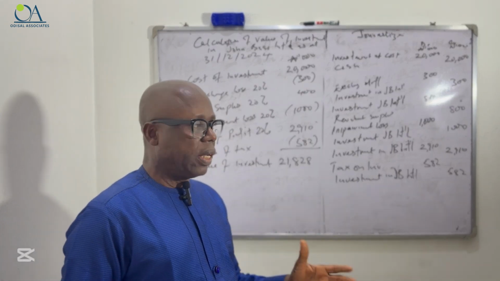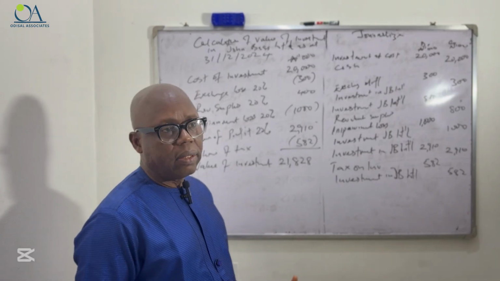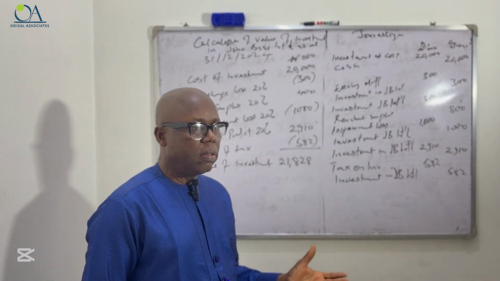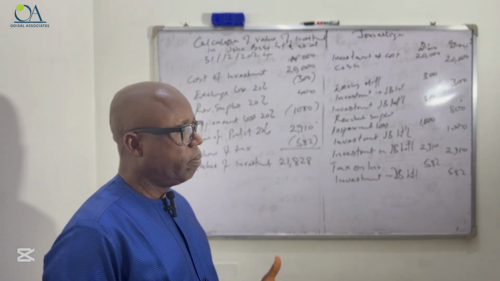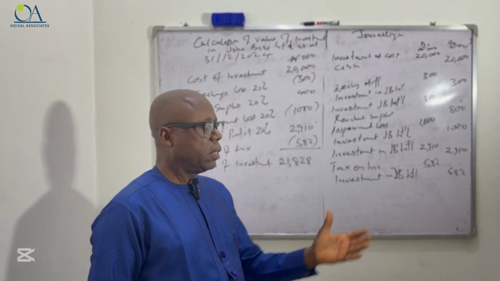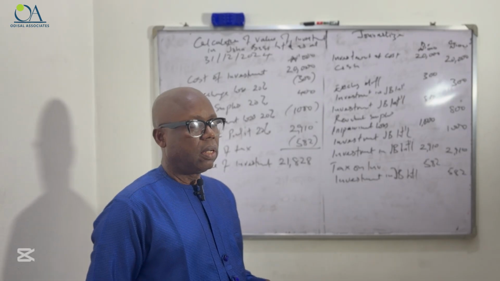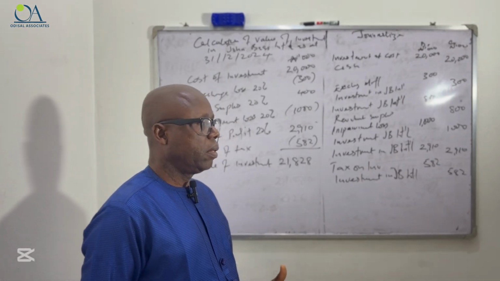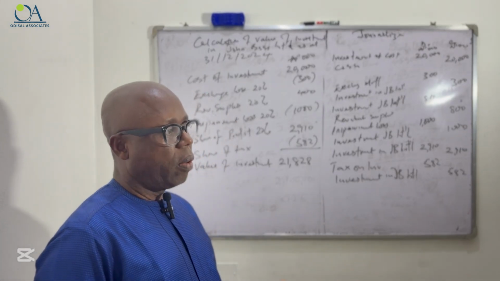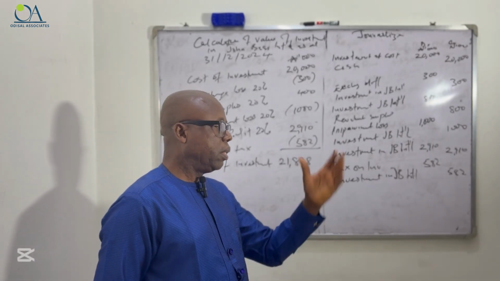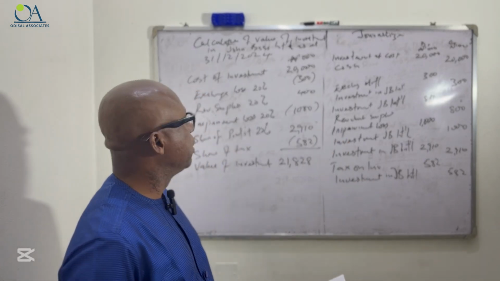The equity method recognizes investment at cost initially, and then if there is any distribution made after the investment, it will reduce the investment by it. If there is any gain or profit made, it will add it to the investment.